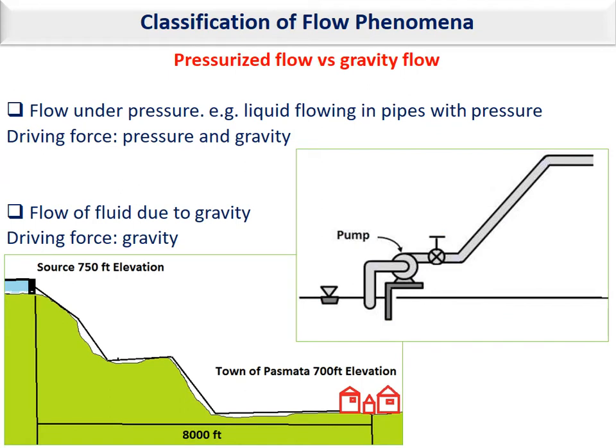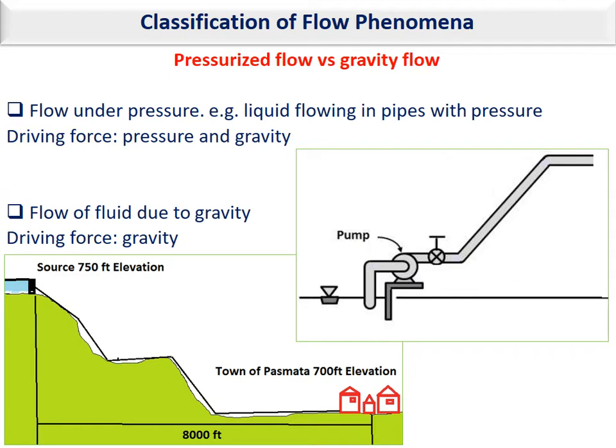The next classification of flow, which is very important for you to distinguish, is pressurized flow versus gravity flow. As you can see, flow under pressure, for example liquid flowing in pipes with pressure, is generally driven by, for example, a pump or fan or something like this.